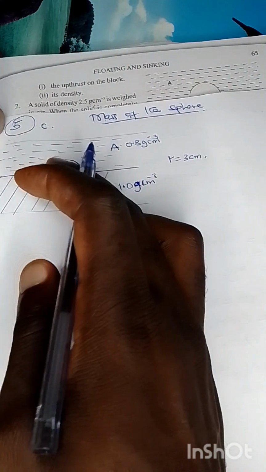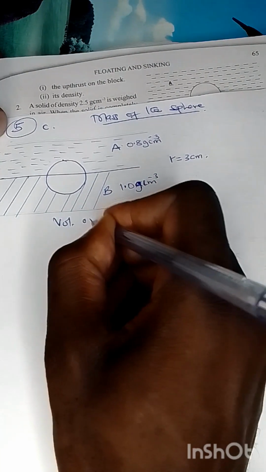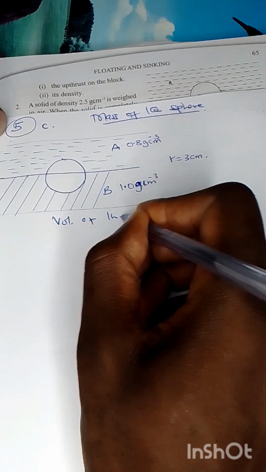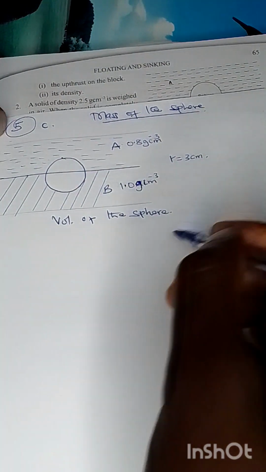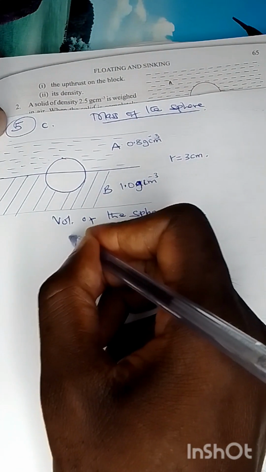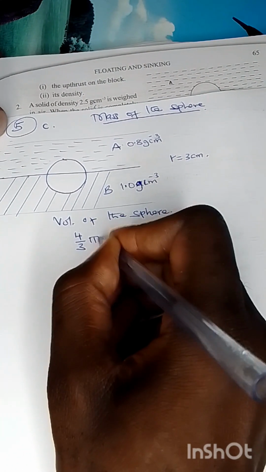Now the first approach here is to get the volume of the sphere. The volume of the sphere is given by this formula, 4 over 3 pi r cubed.